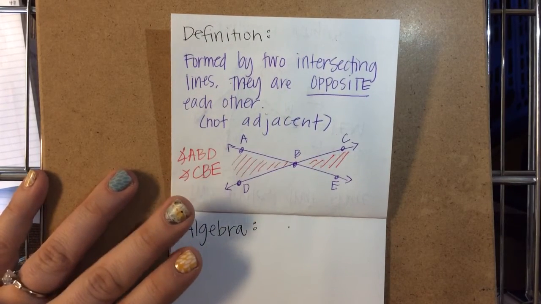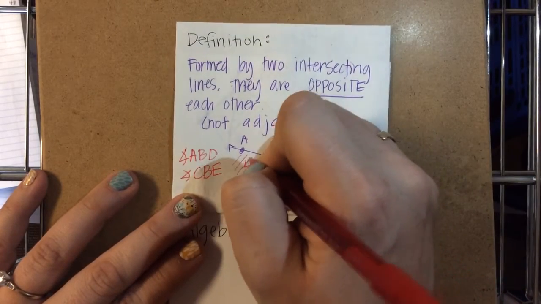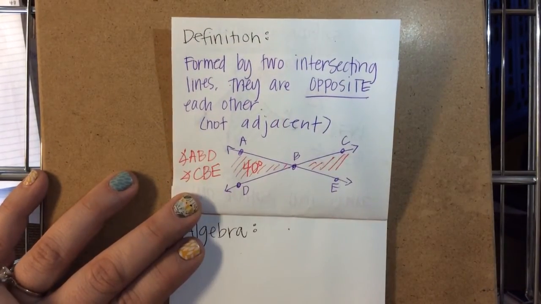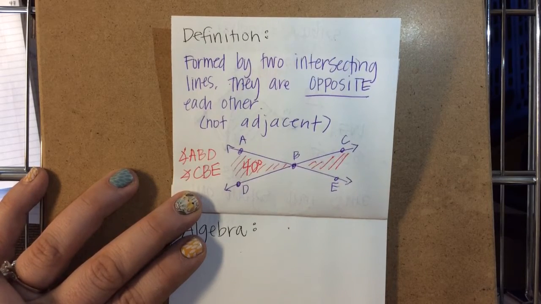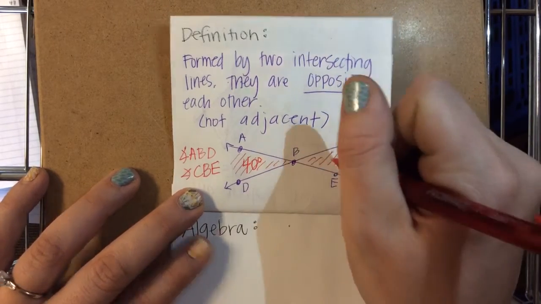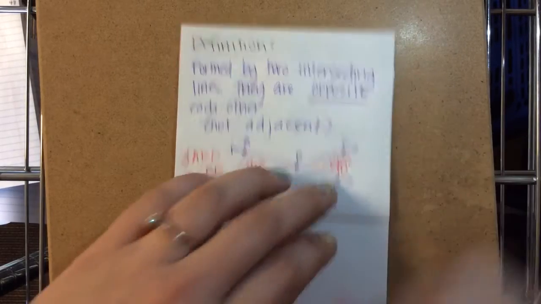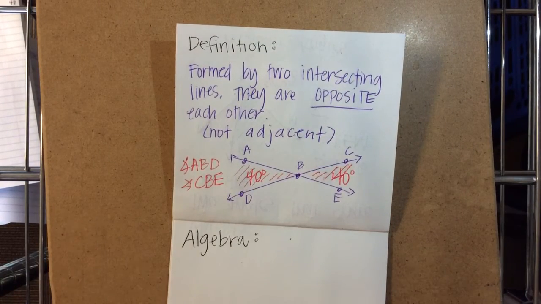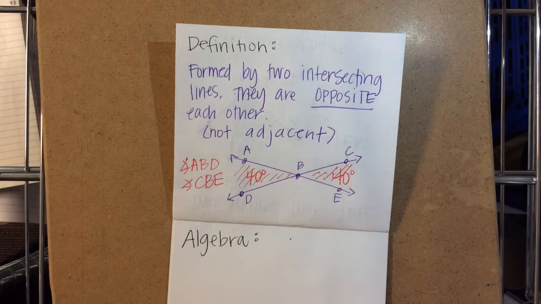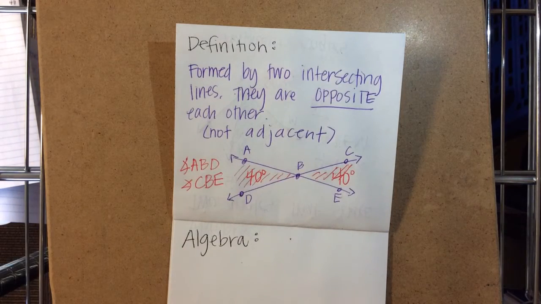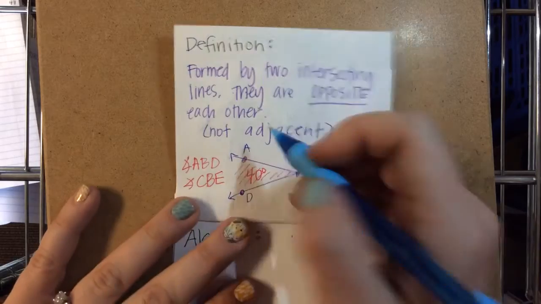Alexis, put it away, please. If this angle right here was 40 degrees, what do you think its vertical angle would be? Yeah, they're the same. Are there any other vertical angles in this problem? Yeah, there are. Jordan, what's one of them? ABC.